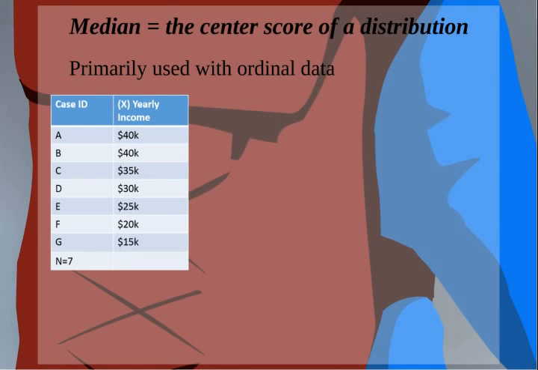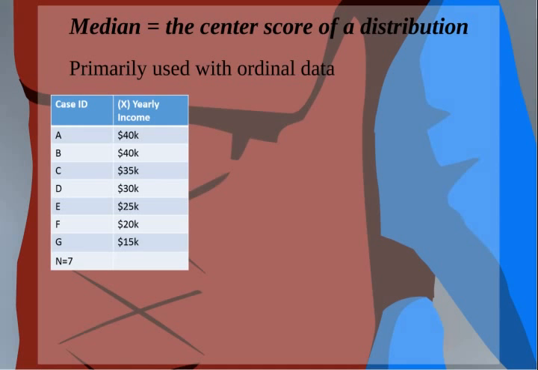Most people sit at the lower end, and there are a few people, like Bill Gates, who have billions and billions of dollars, whereas most of us make less than $100,000 a year. Those few people really skew the distribution, so when you have a skewed distribution like this, you're going to want to use the median score.